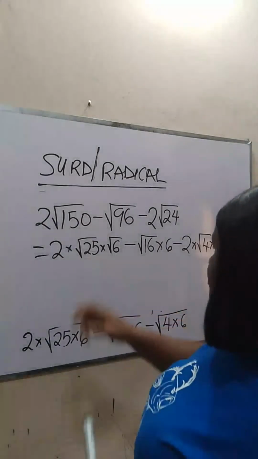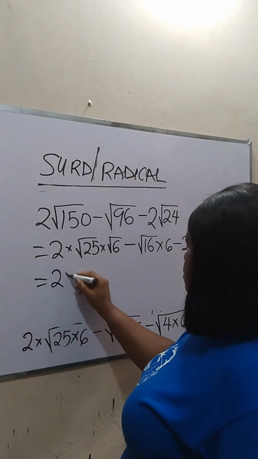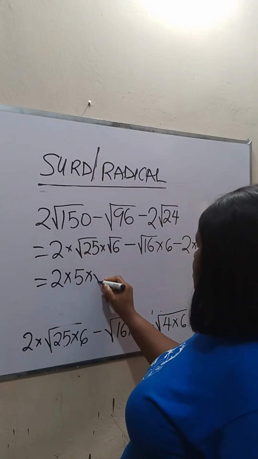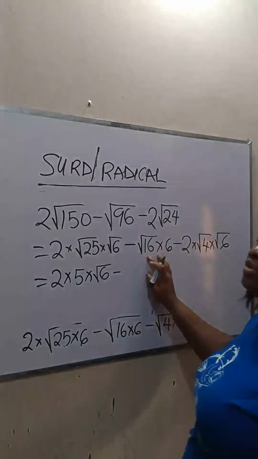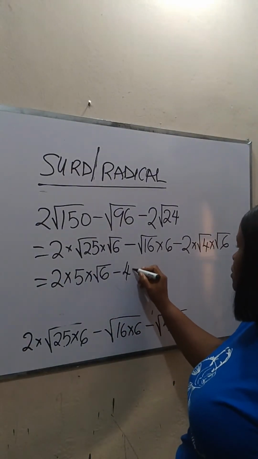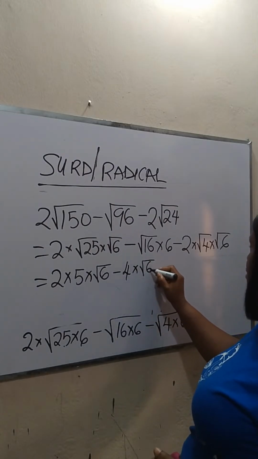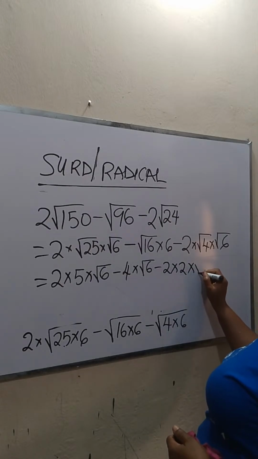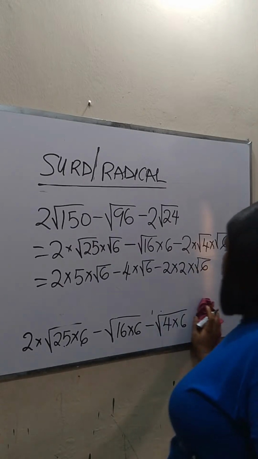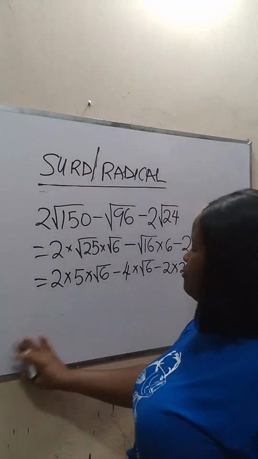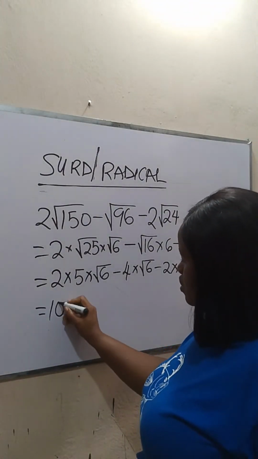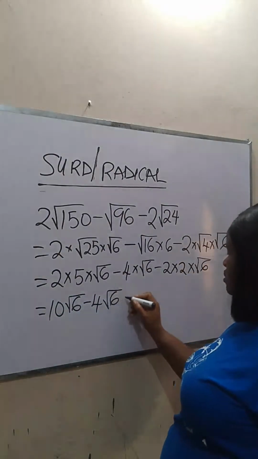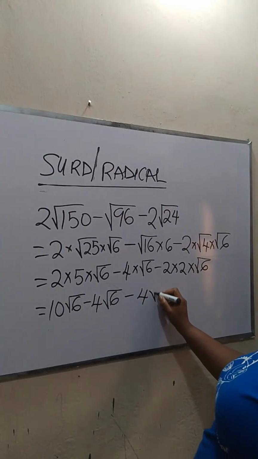Now here, this is equal to 2 times root 25 is 5 times root 6, minus root 16 is 4 times root 6, minus 2 times root 4 is 2 times root 6. All right, good. 2 times 5 is 10 root 6, minus 4 root 6, minus 2 times 2 is 4 root 6.